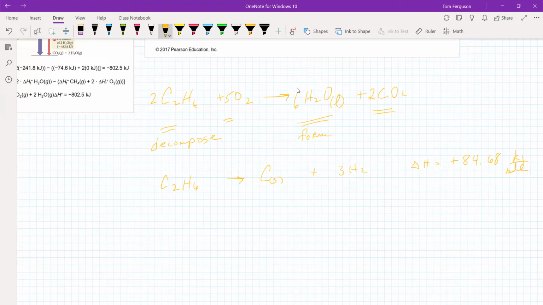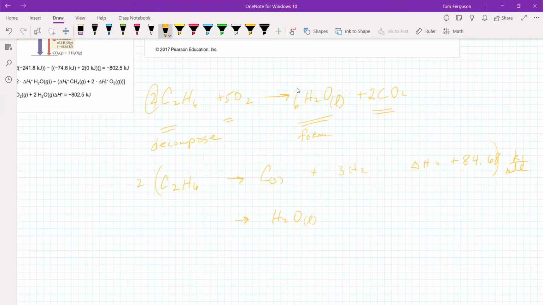The formation of water. Notice we have a coefficient of 2. So make this 2 down here. Multiply all this by 2, because we want the balanced equation to come out down here with the water, liquid water.